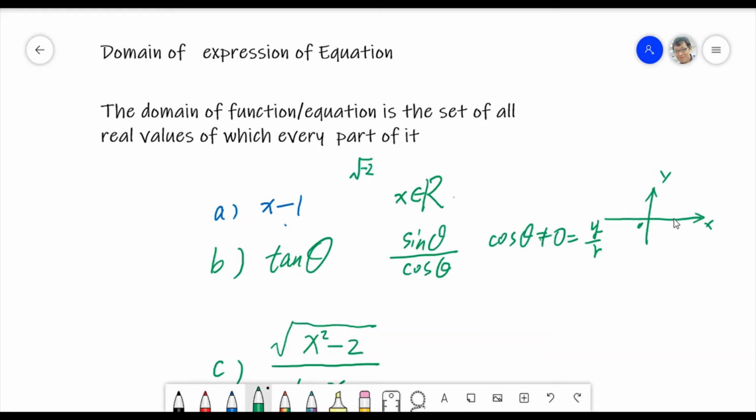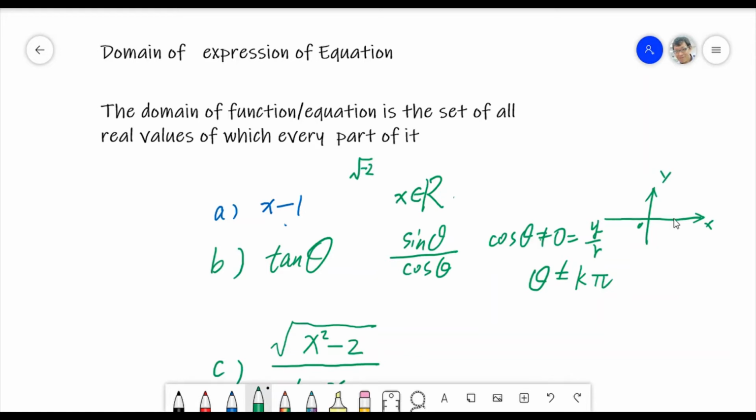So theta cannot be, I think, k pi will be okay.